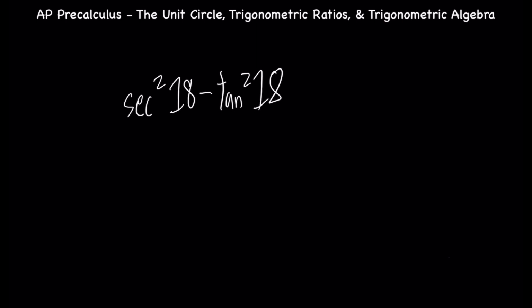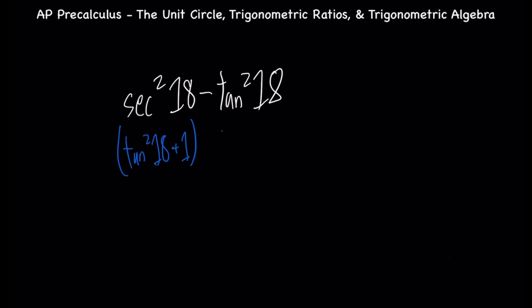So when we're looking at secant of 18, we know that the secant of 18 is equal to tangent squared 18 plus 1.